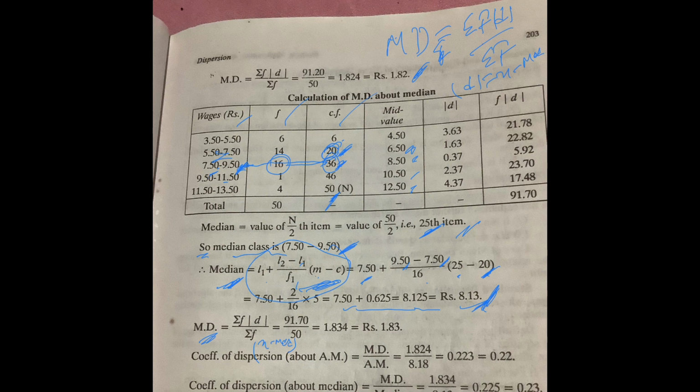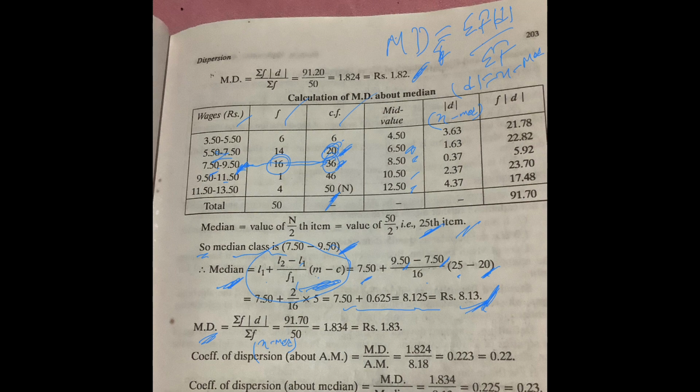So the median is 8.13. The first one, x is 4.50, x minus median, 4.50 minus 8.13 is equal to minus 3.63, but you have to ignore the plus minus sign. The second one, 6.50 is x, median is 8.13, so it will be minus 1.63, but you have to ignore the sign.